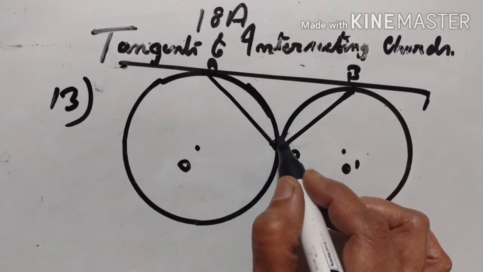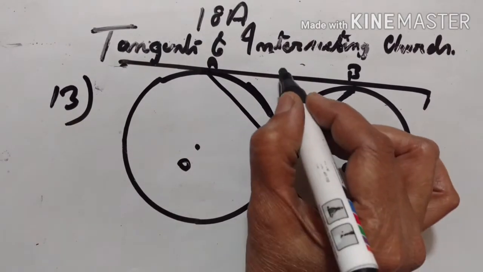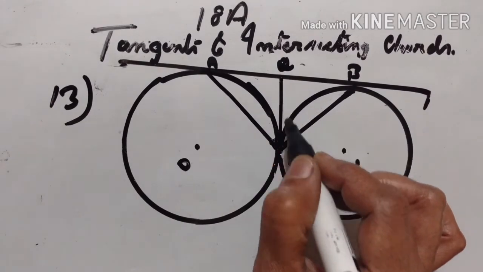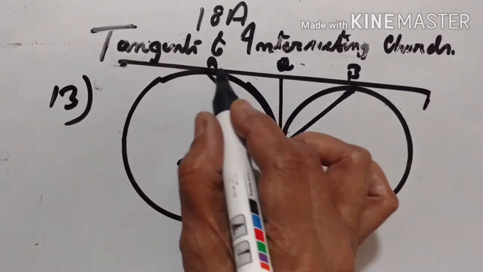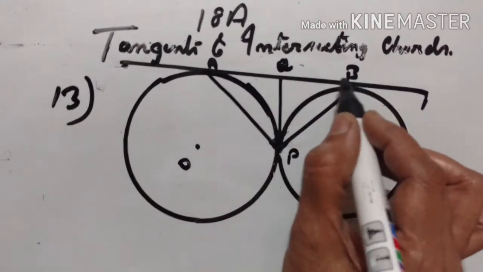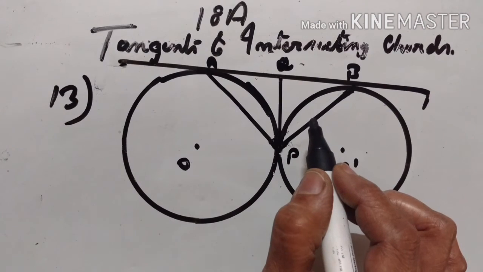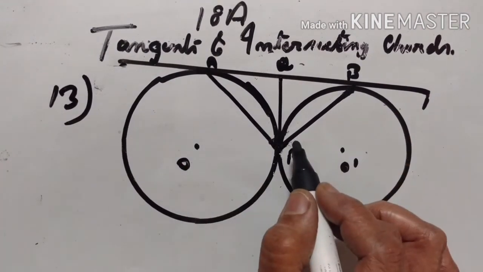Let this tangent be QP. We have to prove that tangent QP bisects AB. That means AQ is equal to BQ. And then we have to prove that angle APB is equal to 90 degree.